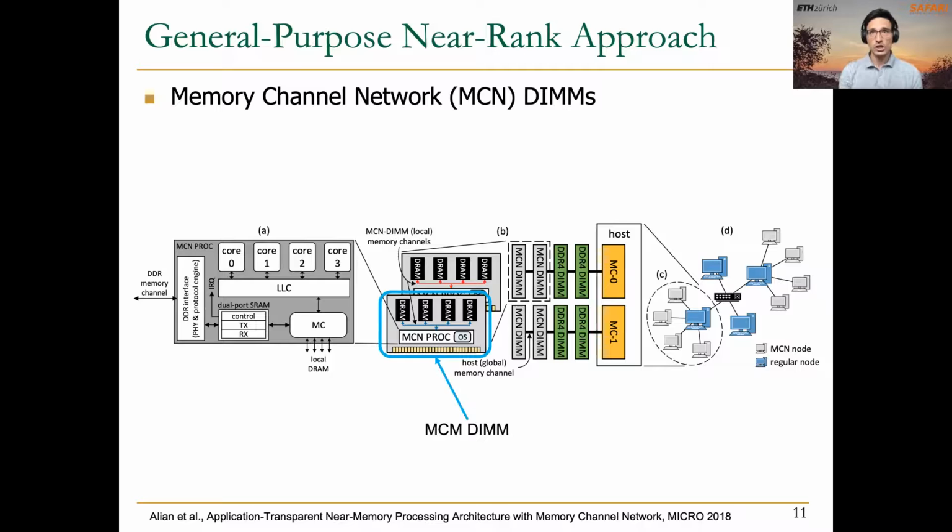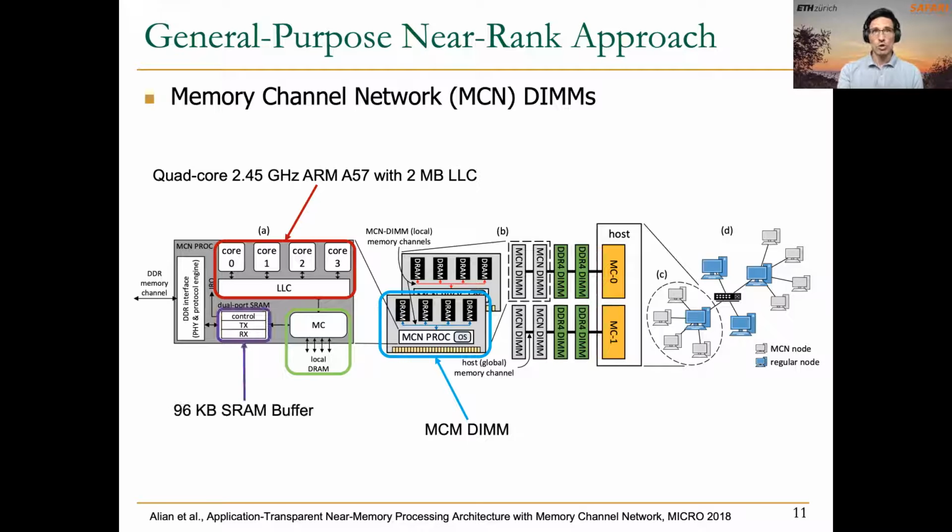In each of these DIMMs, you can see that together with the DRAM chips, there are some small processors. In particular, what they tested is ARM processors with 4 cores and their own last level cache. These ARM processors can access their local DRAM, the DRAM chips in their own DIMM, but they can also communicate with the host processor by using this SRAM buffer.